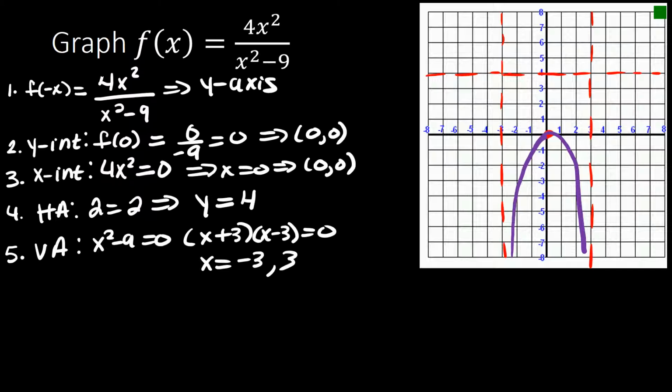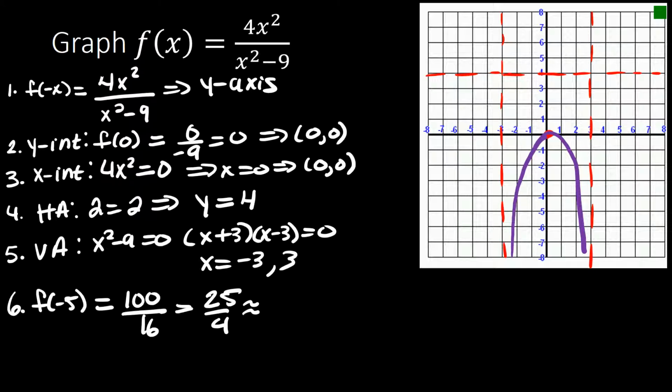And I need to determine what happens to the left of negative 3. Well, let's pick negative 5. So negative 5 squared is 25. 25 times 4 is 100. 5 squared is 25. 25 minus 9 is 16. This reduces to 25 over 4, approximately 6.25.